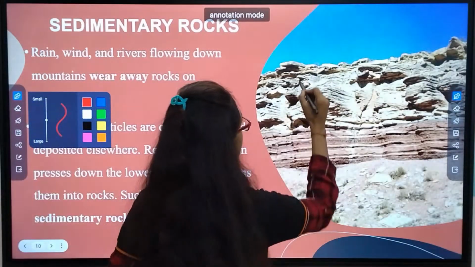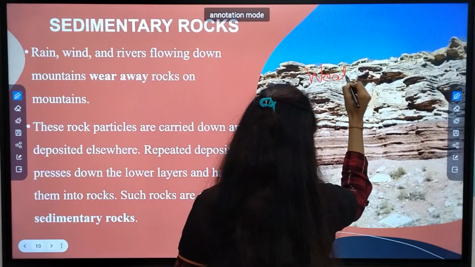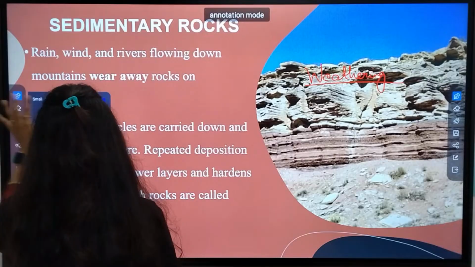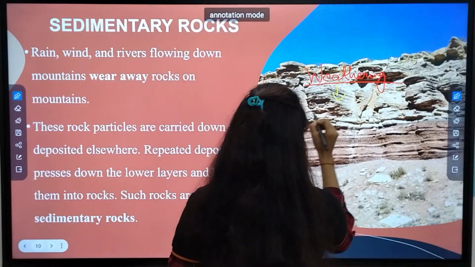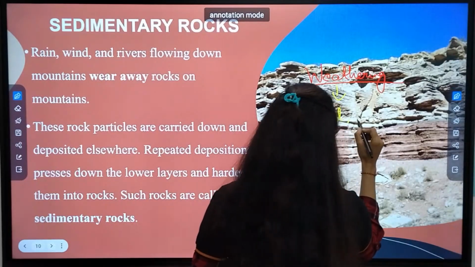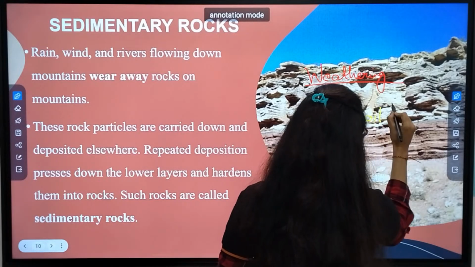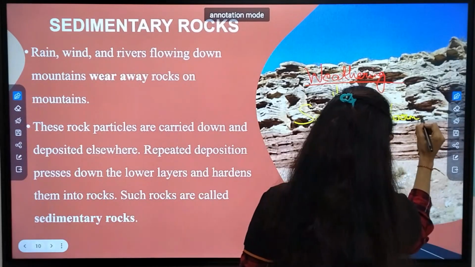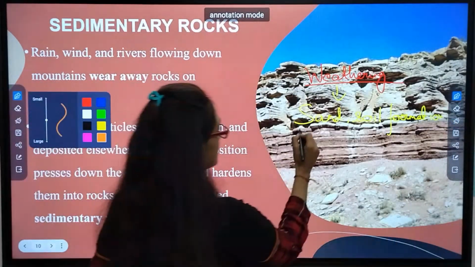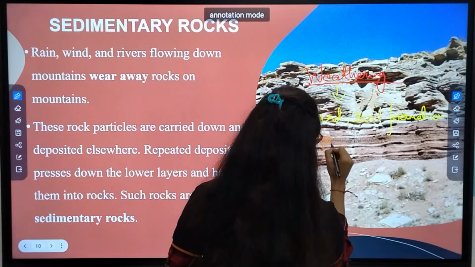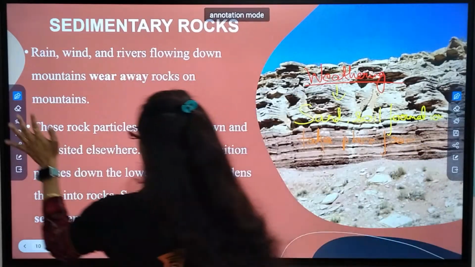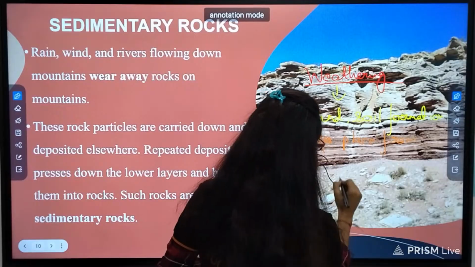You know about weathering. What is weathering, ma'am? Weathering is a process by which sand or soil formation takes place from rocks.